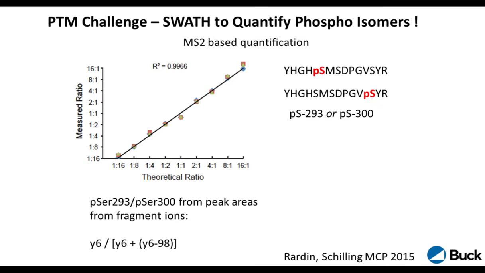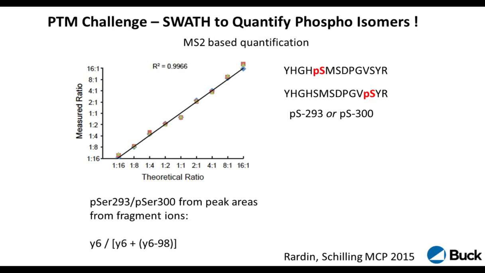And in fact, in this case, we were able to show this and demonstrated we spiked in different levels of these synthetic peptides from 1 to 16 to 16 to 1, and we achieved quite a reasonable linear curve here. So that was kind of important, and a lot of effort now goes into differentiating different isomers in real-life samples. So we're doing a little bit of technology development on these isomer identifications.